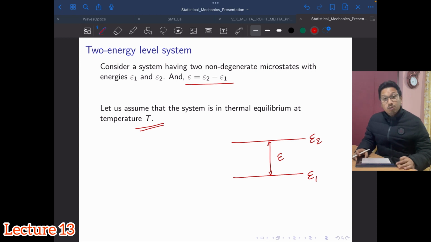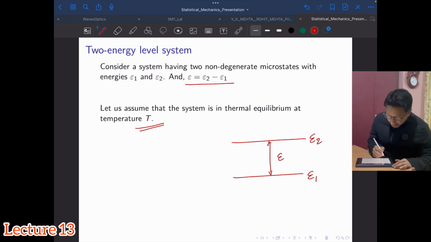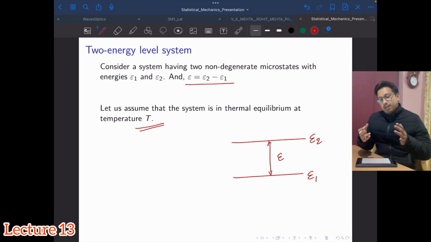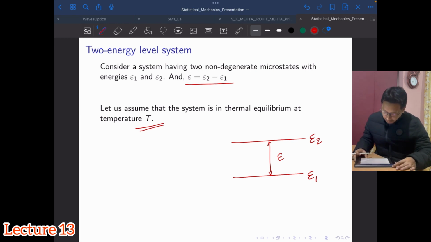So we can write down the partition function for the system. It has got only two energy states. We have tried writing the partition function for a similar system in the previous videos as well. So let's write it down here. Z is my partition function.